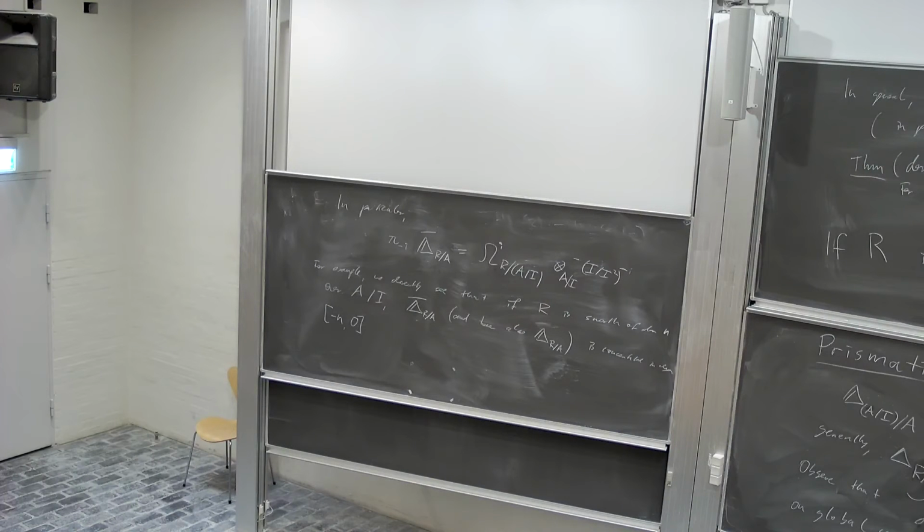So yes, I guess this guy is viewed as an A module via phi. Right. And so in full generality, there's also like a relative version of this comparison result, which has to do with TC minus. The reason why we didn't see the Frobenius twist in what Ben wrote up yesterday is that this is the absolute situation, and the absolute situation is in some sense relative to Z_p, where the Frobenius is the identity. But this is the thing that generally shows up when comparing to TP and TC minus.